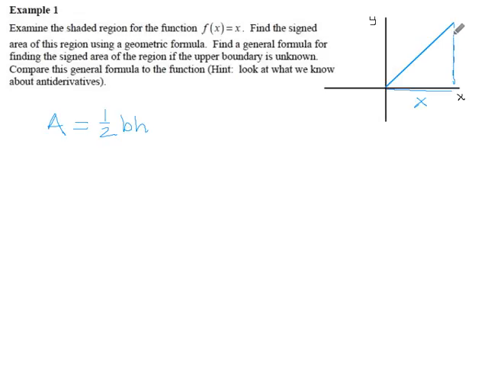The height distance is also x, because this curve is y equals x, which means the y value of it is exactly the same as the x value, so you can use x both times. So the area ends up being 1/2 x squared. Fine. All right, so that's the answer. We know it's correct because it was some simple geometry and we're good at that.